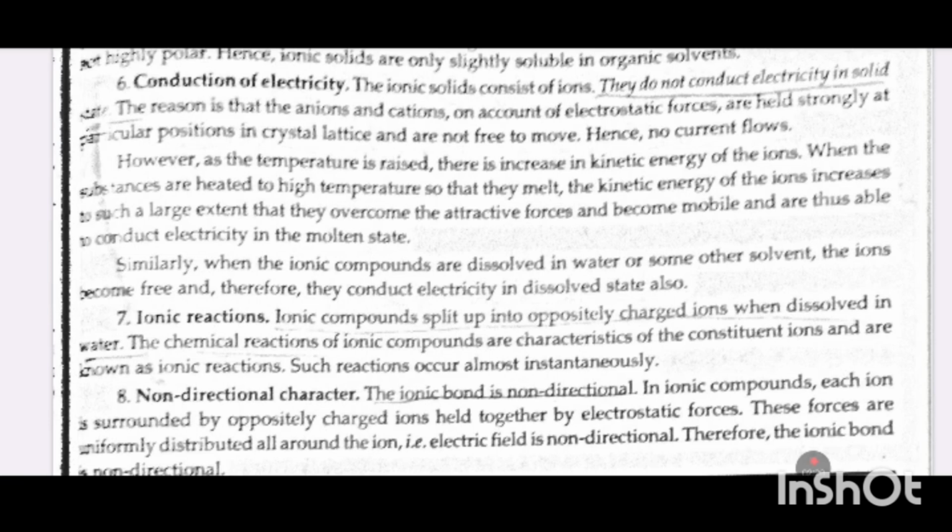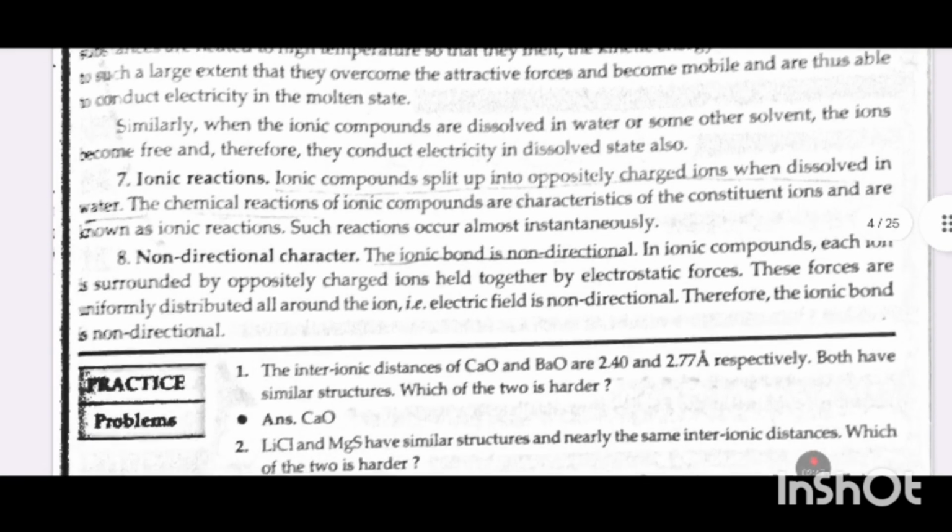However, as the temperature is raised, there is an increase in kinetic energy of the ions. When the substances are heated to high temperature so that they melt, the kinetic energy of the ions increases to such a large extent that they overcome the attractive forces and become mobile, and are thus able to conduct electricity in the molten state.